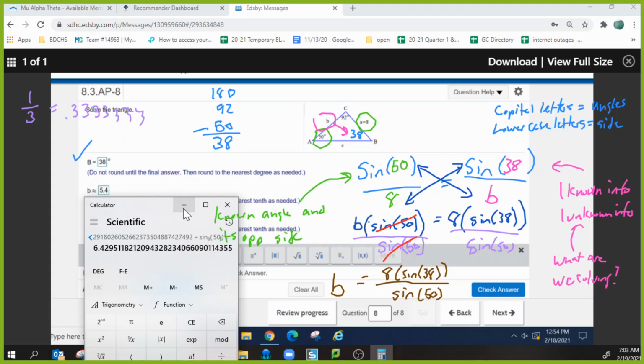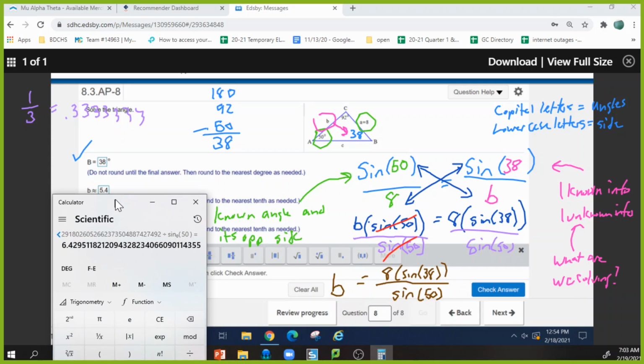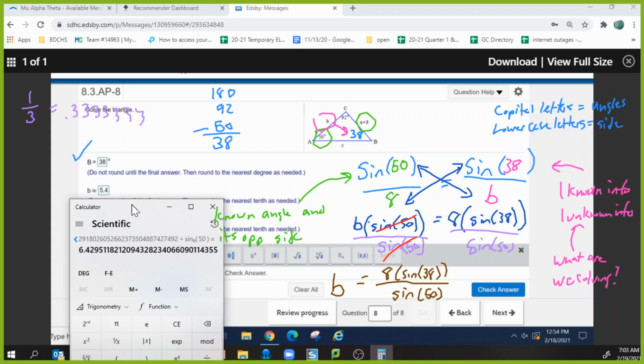Make sure that when you punch this in on that edition, you have in your display exactly what you see, but you also have 8 times the sine of 38. The directions I gave you guys work with the computer calculator and the TI-30XA. So before you hit submit on that, double check the way you punched in your stuff to the calculator, and we will go on from there.